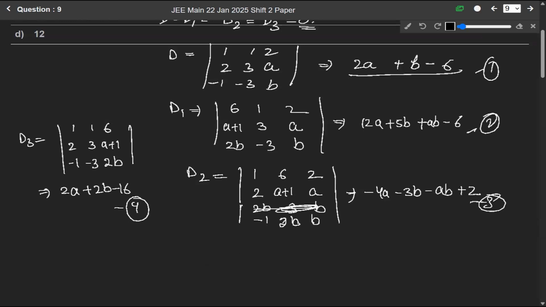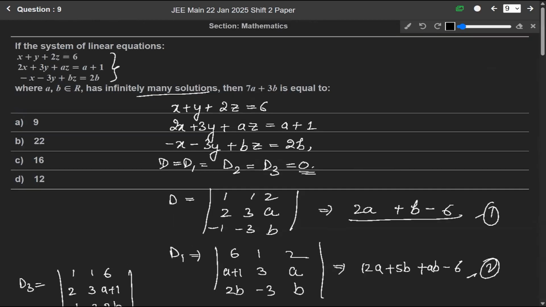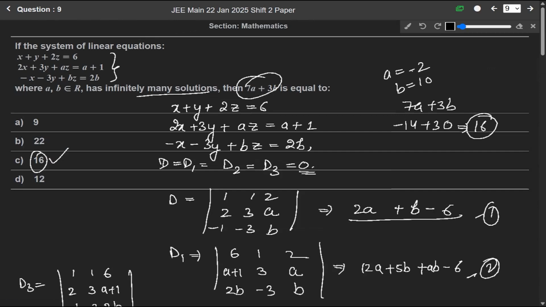So using the above equations, when we solve them, we get a equals minus 2, b equals 10. So we have to find the value of 7a plus 3b. So a equals minus 2, b equals 10. So 7a plus 3b will be equal to minus 14 plus 30. So it will be equal to 16 here. So our answer is option C, 16.